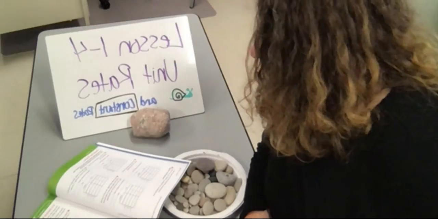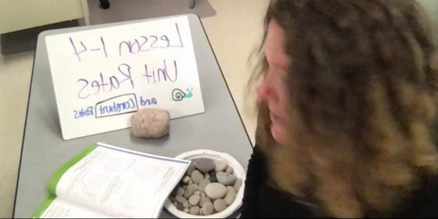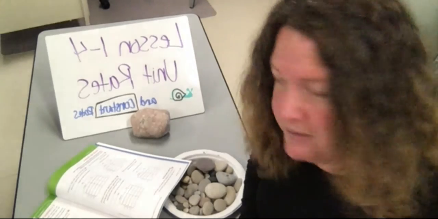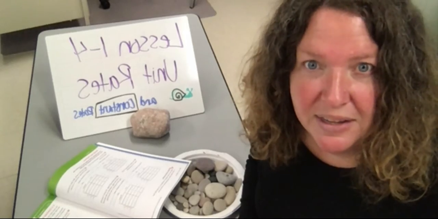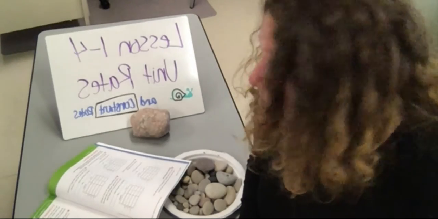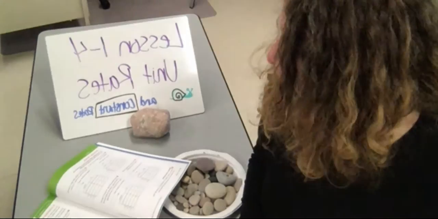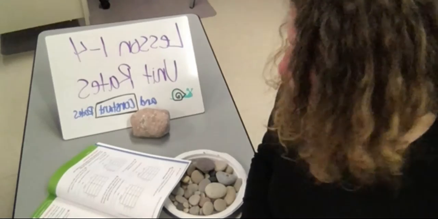Number 4 says, in the zoo, 7 kangaroos live in each kangaroo house. We heard the word each. Each, every, per means 1. So 7 in the zoo, 7 kangaroos live in each kangaroo house. How many kangaroos live in the first kangaroo house? 7.